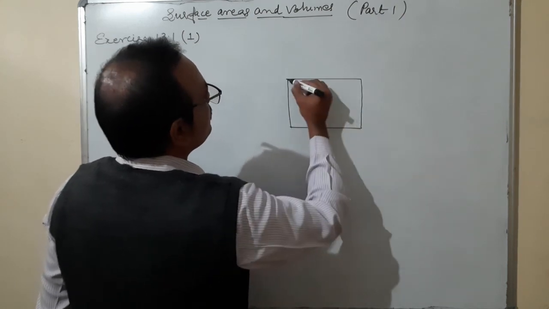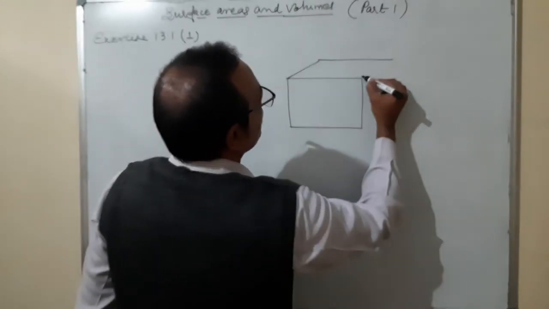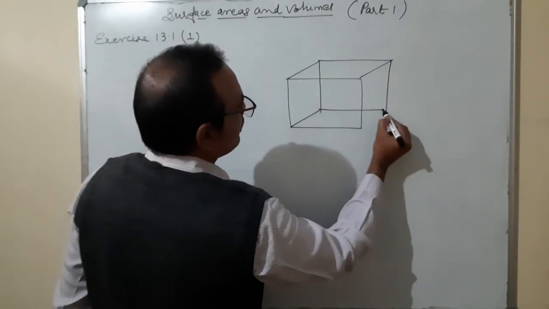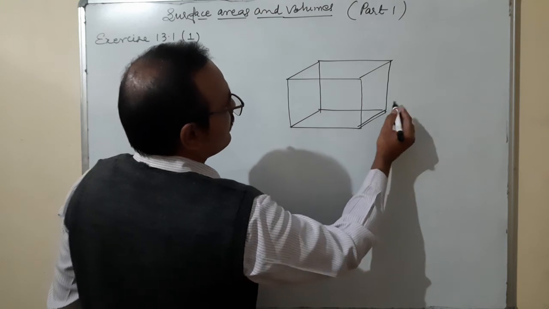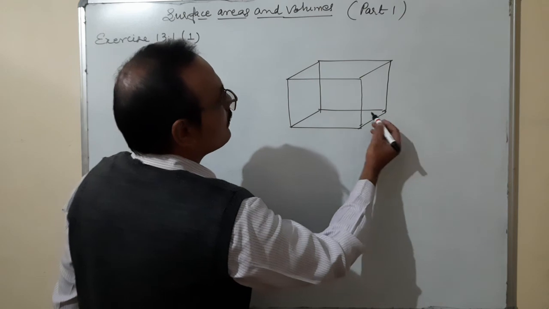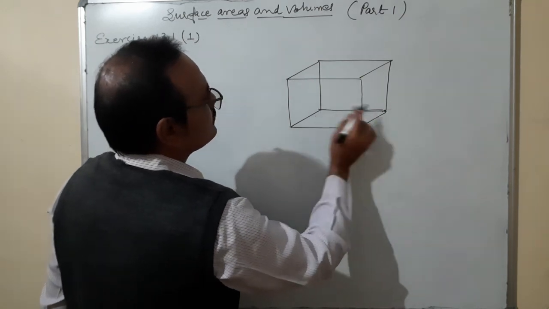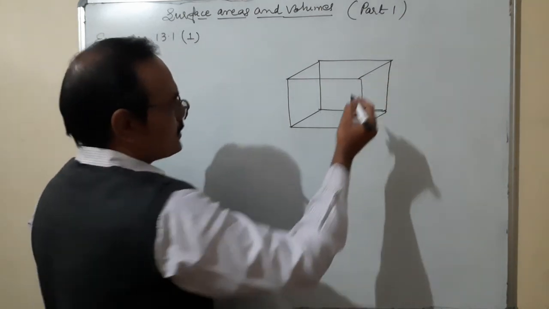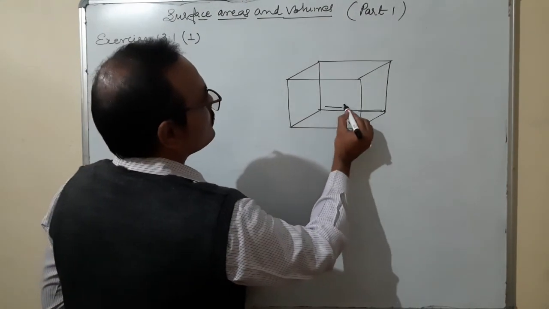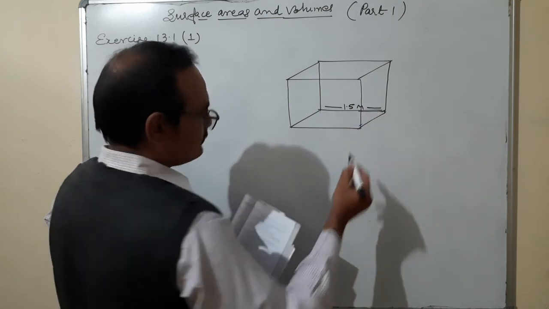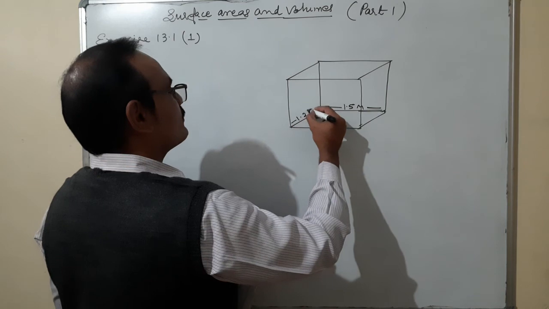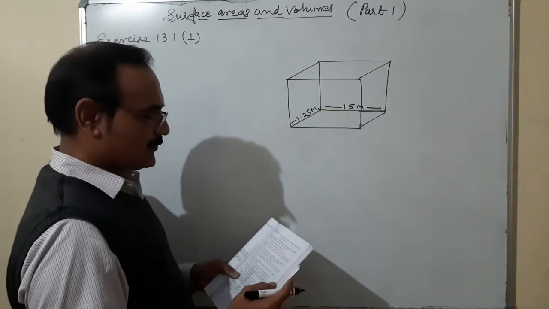It is in the shape of a cuboid because length, breadth and height are all different. 1.5 meter, 1.25 wide, and 65 centimeter.